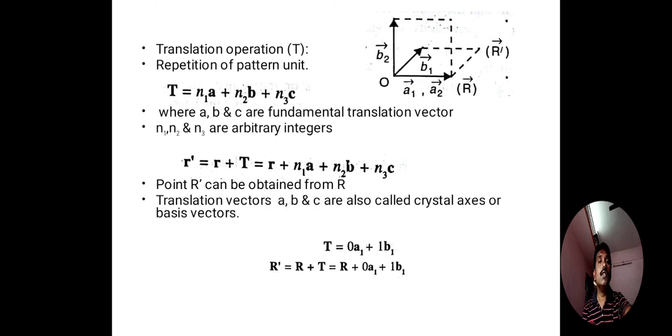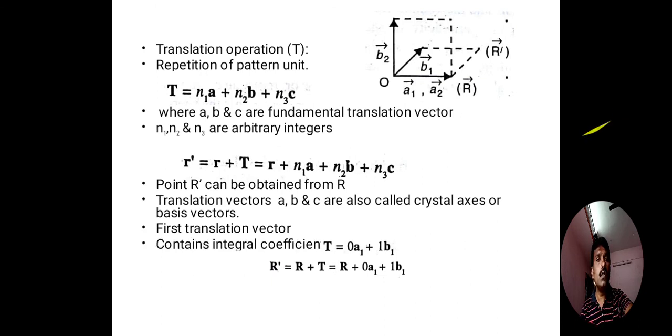Now the translation vectors A, B, C are also called your crystal axes or basis vectors. Now here, suppose the translation contains integral coefficients, for example 0a1 plus 1b1, whatever the integral numbers are.